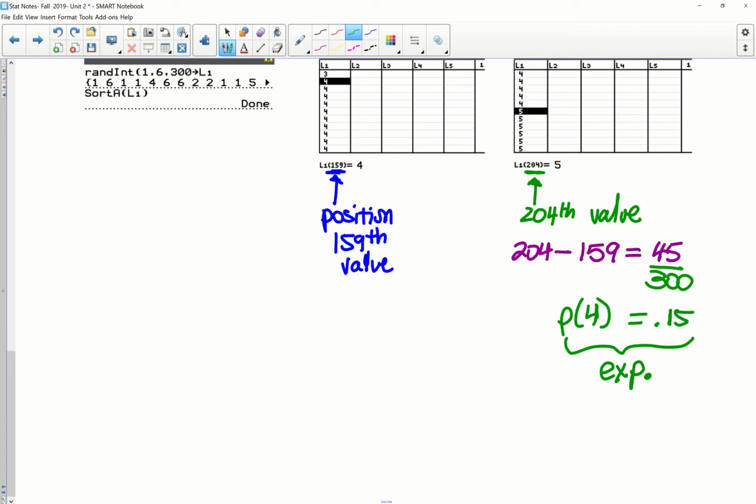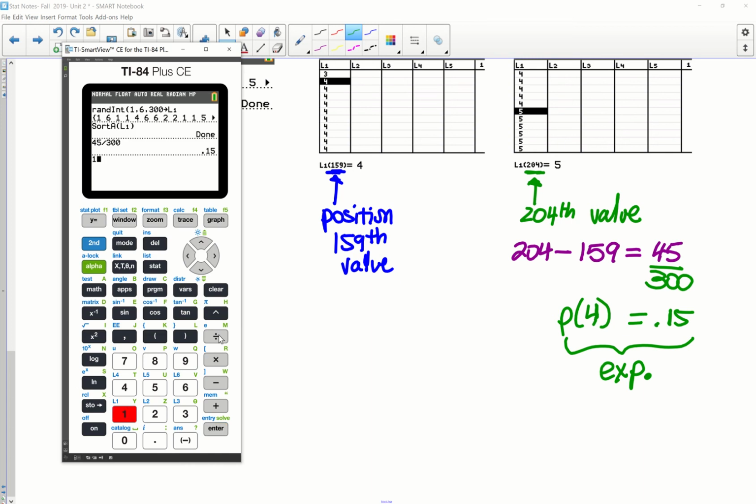1 out of 6 is what we should have gotten, which is 0.167 roughly. When we did it only 7 times, I got 1 out of 7, which is about 0.143. All right, so we got closer. We didn't get a lot closer, but we got closer.